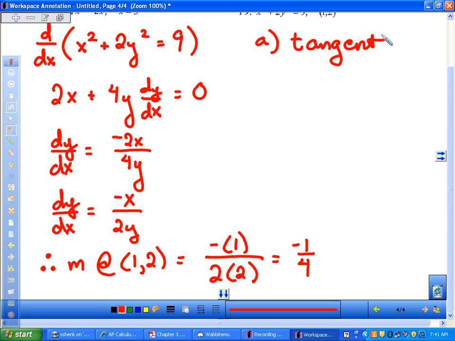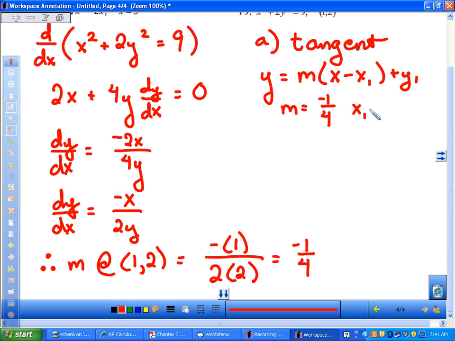Make sure you always include your point-slope formula. y equals m times (x minus x1) plus y1, where m is going to equal negative 1/4, x1 is going to equal 1, and y1 is going to equal 2.